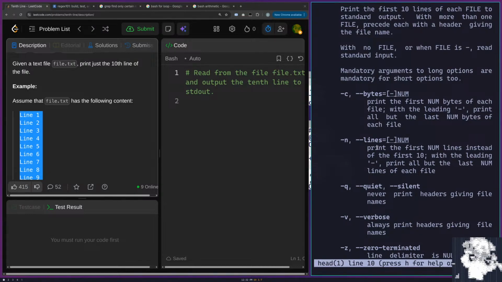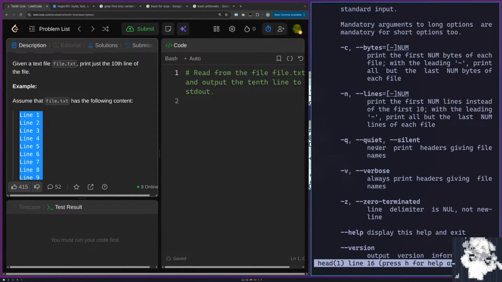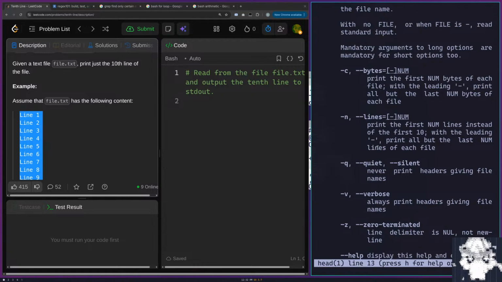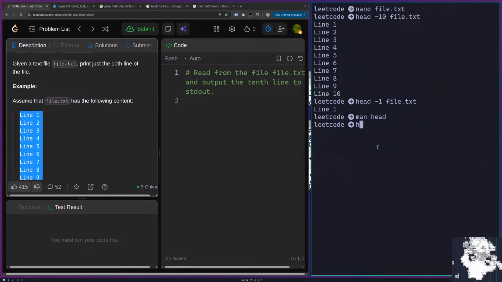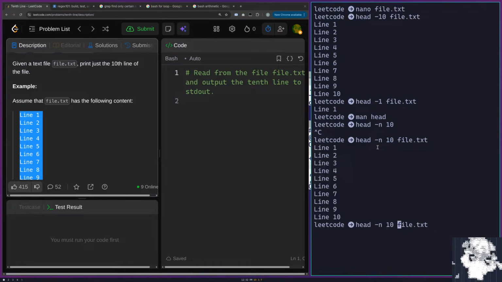Print the first num lines instead of the first 10. Head -n. Or I guess, is that already what I was doing?